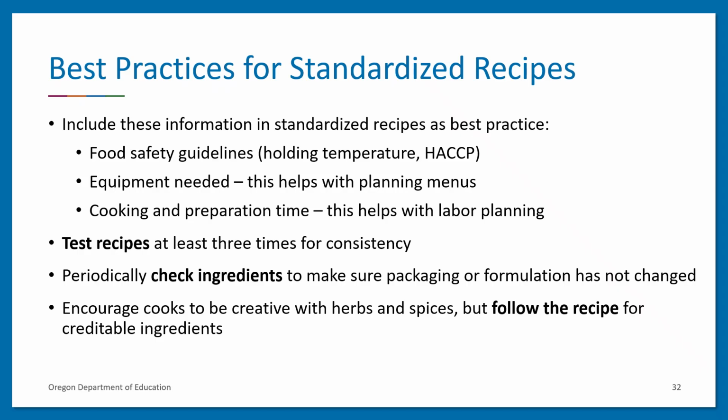Cooks must always follow the recipe for all the creditable ingredients to ensure that the crediting statement provided on the recipe is valid. Anytime a creditable ingredient is substituted or the amount of ingredient is changed, crediting statements must be updated as well.